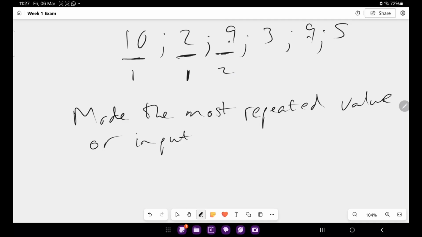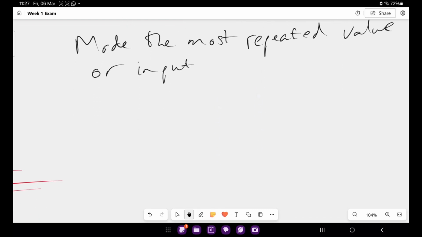So it has appeared twice. How many times has 3 appeared? Once. How many times has 5 appeared? Once. So we skip the other 9 because we already counted it. The one with the most appearances is 9. So we write our mode is equal to 9.